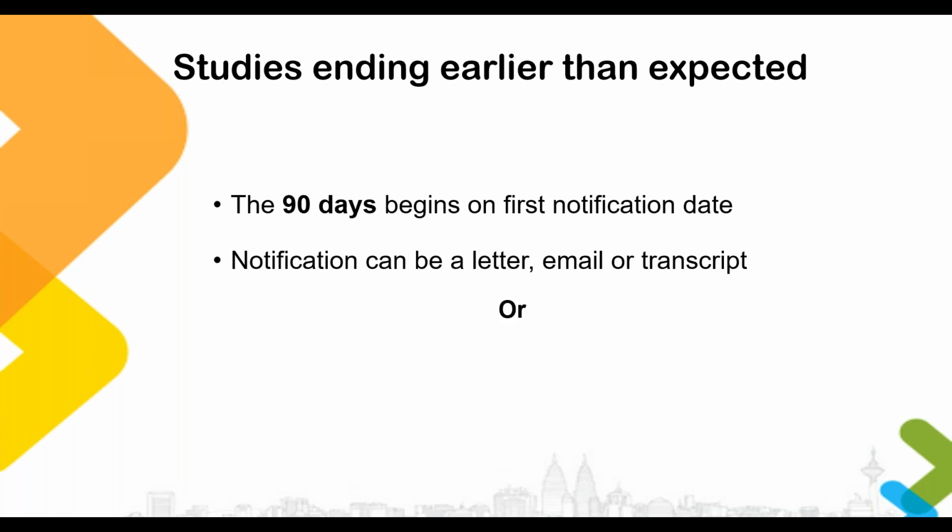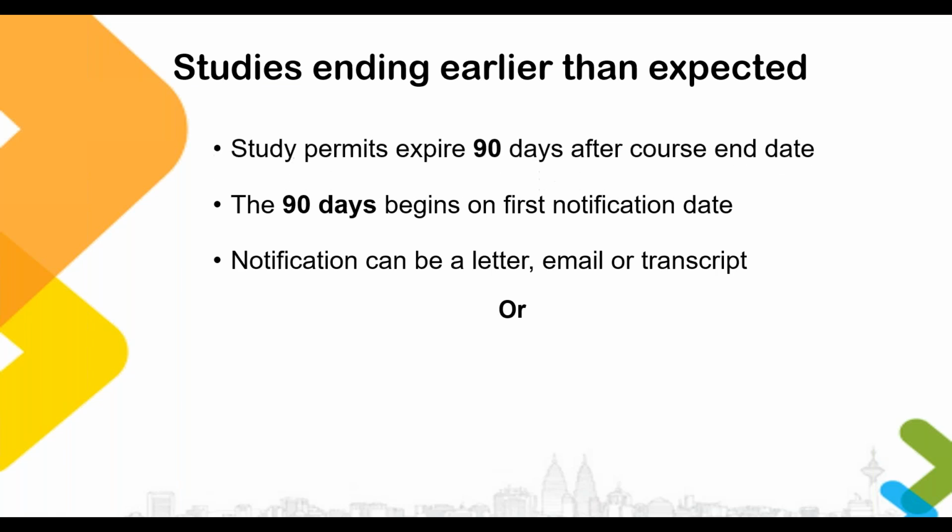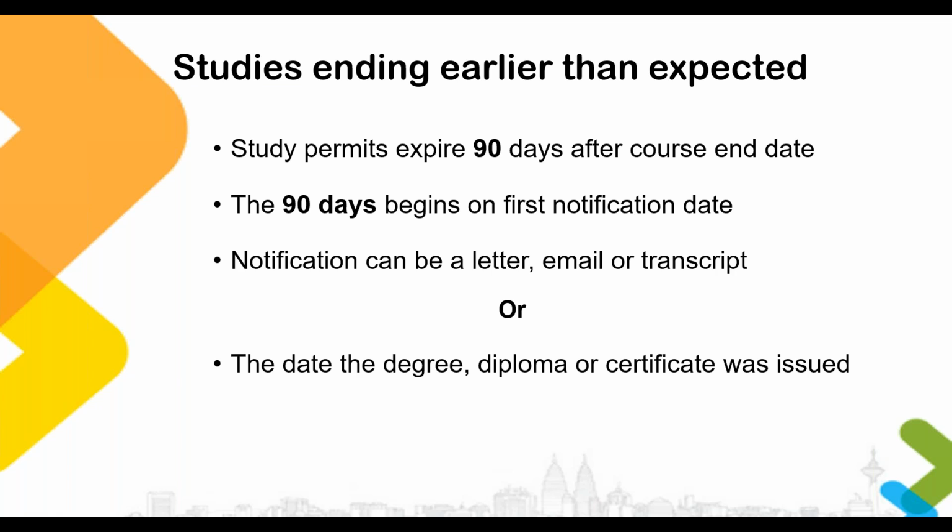We also want to take a look at the situation where your studies have been completed before the expected time. If you want to keep studying, you must apply to extend your study permit at least 30 days before your permit expires. Hopefully that makes sense.